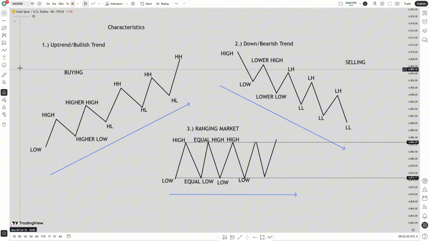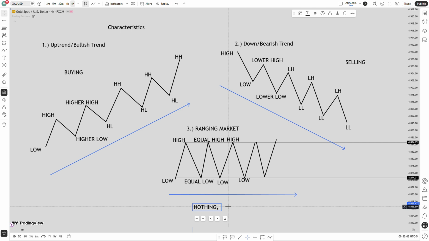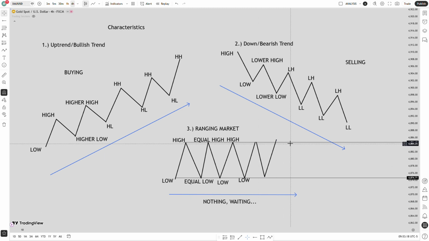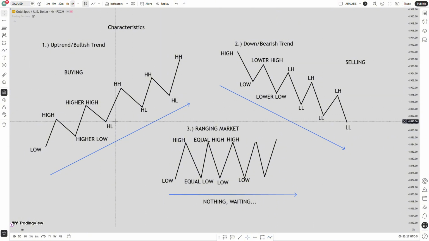What are you doing in a ranging market? Nothing. You are waiting. Now, what are you waiting for? You are waiting for the breakout of the range and a continuation in a particular direction, whether the market wants to break above and start a bullish trend, or break below and start a bearish trend.